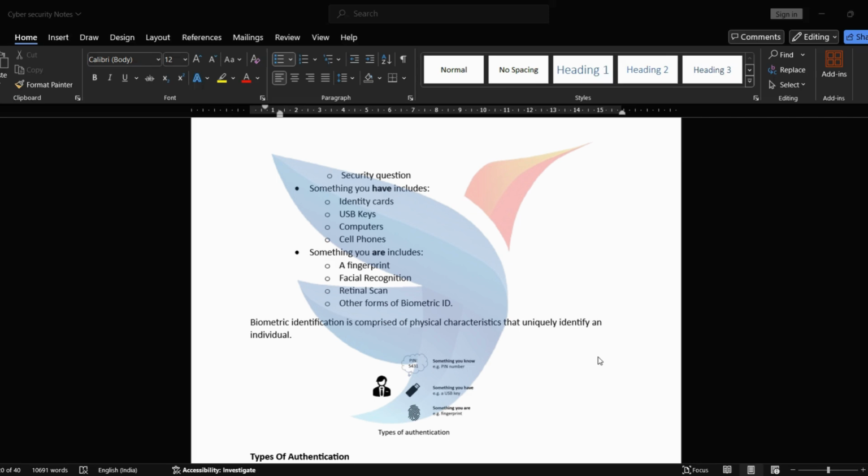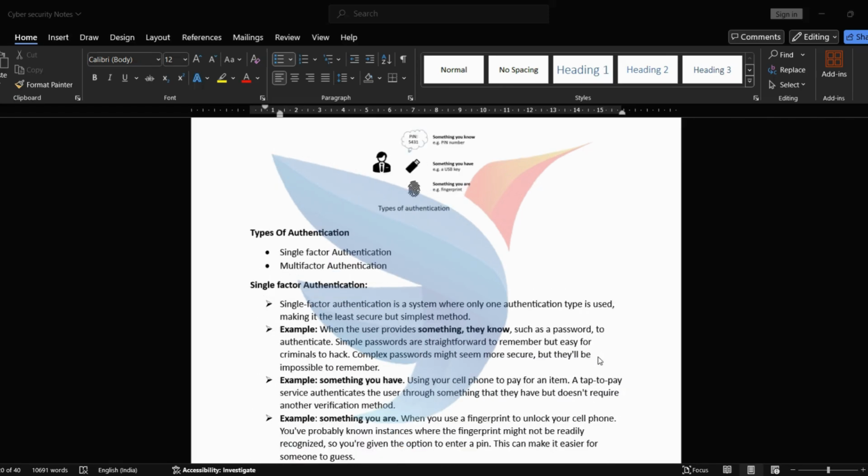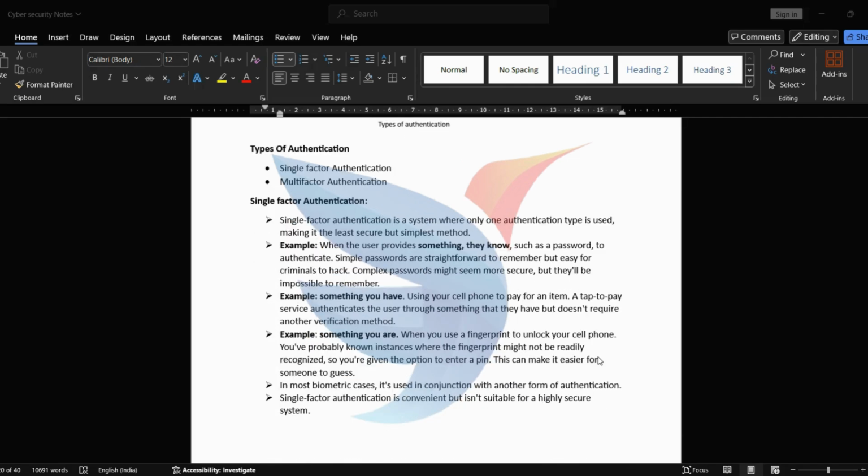Let's see the types of authentication. So there are two types. One is single factor authentication and the other one is multi-factor authentication. What is single factor authentication? Single factor authentication is a system where only one authentication type is used, making it the least secure but simplest method.